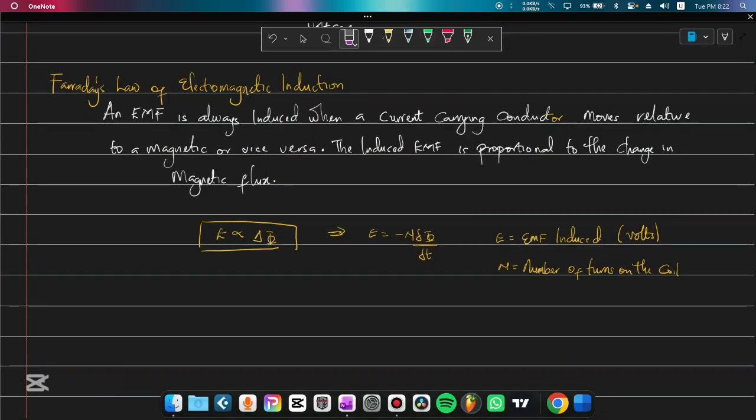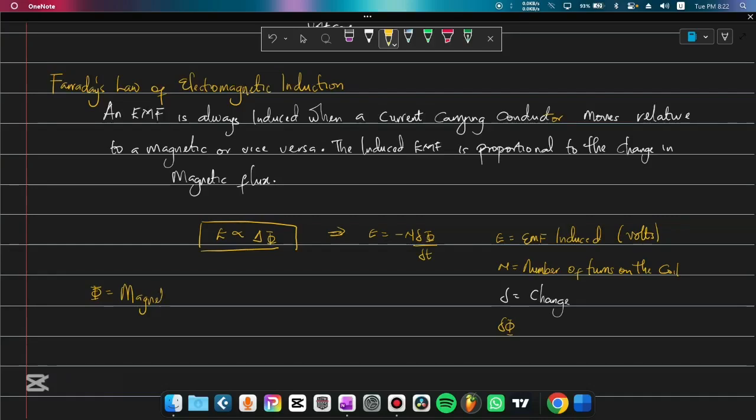And what is this symbol? This symbol is the delta symbol, small letter delta, which we use in calculus to represent change. So when you see the phi, this symbol, phi, I think I need to put the symbol out separately, means magnetic flux.